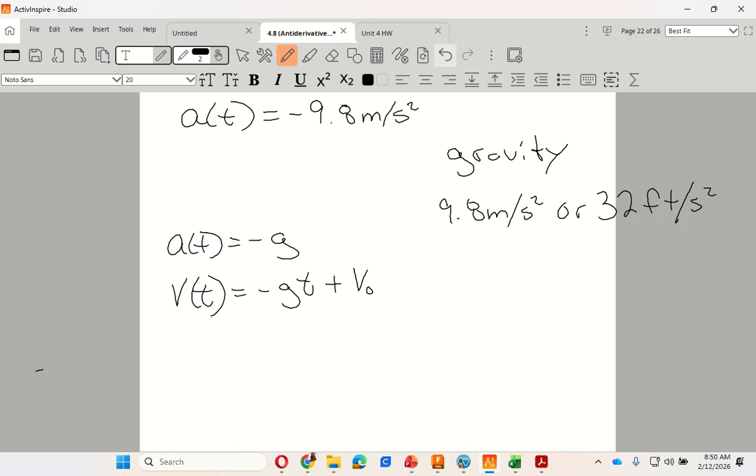And then my last one is going to be my position. So S of t is going to be equal to my negative 1/2 gravity times time squared plus initial velocity times t plus initial position.